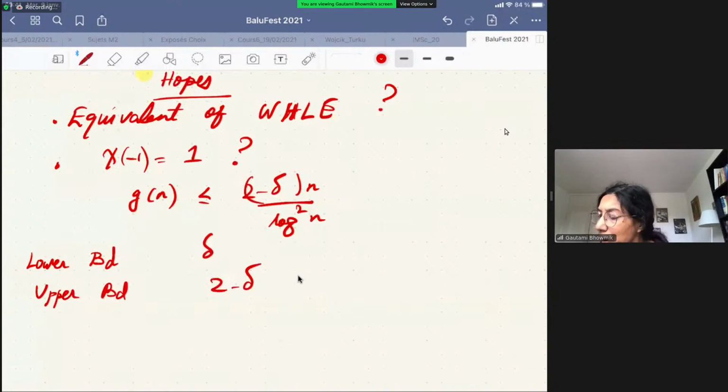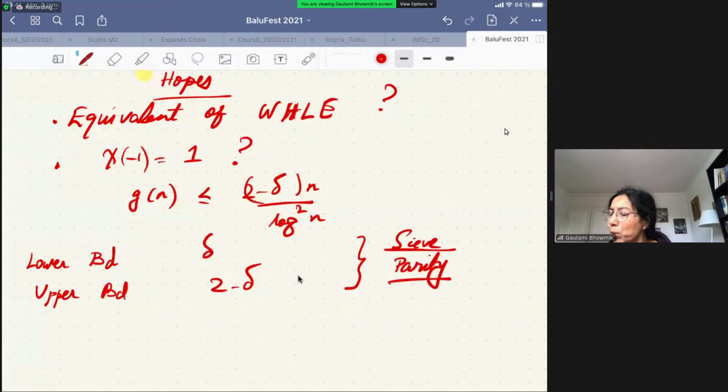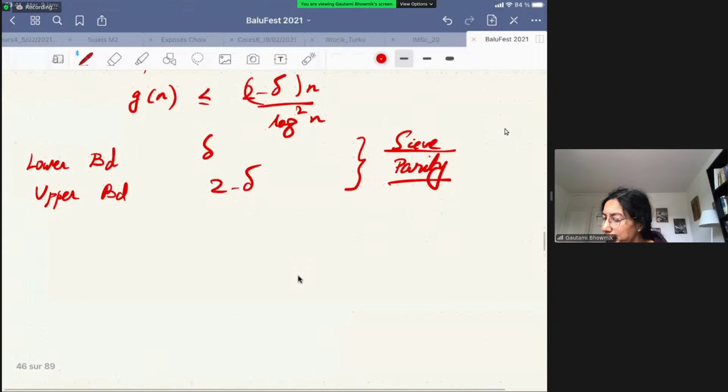So this is actually morally quite close to a sieve parity problem, and this might be doable. In that case, probably some more properties of chi can be included in the proof.